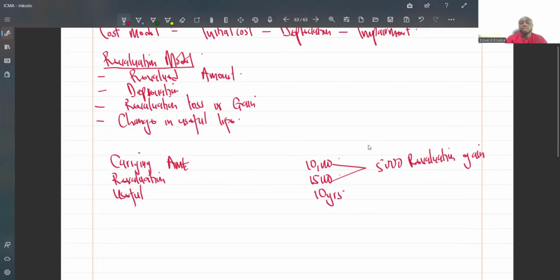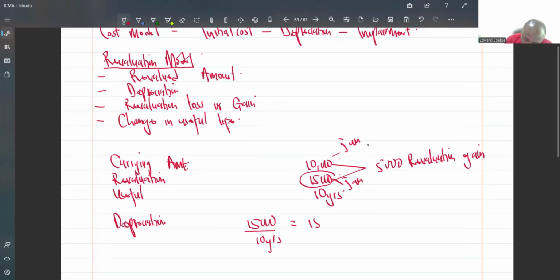So going forward, this is, let's say, at January. They are all at January. So going forward to December, it is the 15,000 I'm going to recognize, not the 10,000. If I want to calculate depreciation, because the revaluation happened at the beginning of the year, it is going to be the 15,000 divided by 10 years, which is going to give me 1,500.